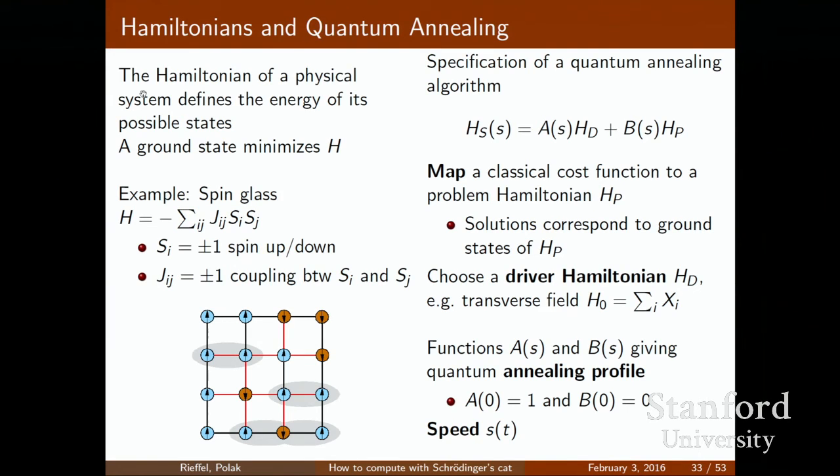And you slowly decrease that Hamiltonian while increasing the problem Hamiltonian. If you do this for adiabatic quantum computation and you do it very slowly, you're guaranteed to end up in the ground state. Sometimes you can go just fast enough that there's a polynomial speed up, and we can prove that.